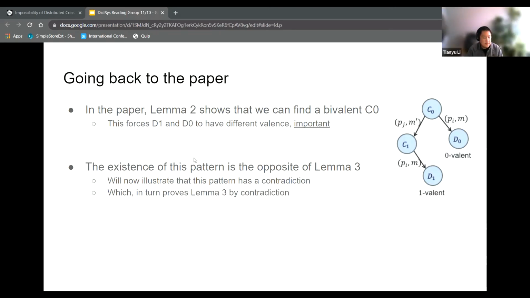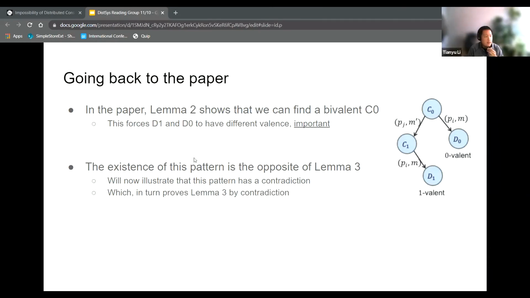If you are very familiar with the paper, you might notice that the existence of this pattern is actually the opposite of Lemma 3. So if I can show that this pattern doesn't exist anywhere in the system, I basically have Lemma 3. And that is what we're going to do here: we're going to proceed with a contradiction to show that this pattern cannot exist.